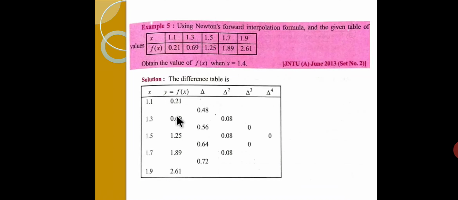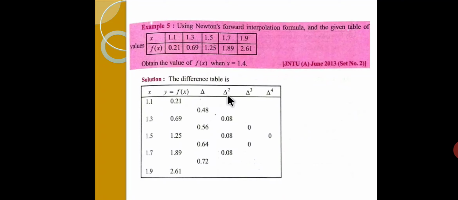The corresponding y values are y naught is 0.21, y1 is 0.69, y2 is 1.25, y3 is 1.89 and y4 is 2.61. The first forward differences are y1 minus y naught 0.48, y2 minus y1 0.56, y3 minus y2 0.64 and y4 minus y3 0.72. So delta y naught is 0.48, delta y1 is 0.56, delta y2 is 0.64 and delta y3 is 0.72.